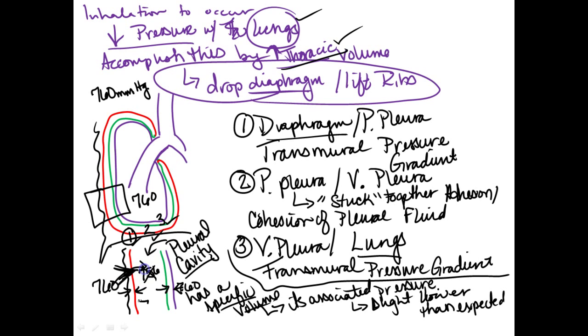Once this pressure gets up to 760, we lose the transmural pressure gradient and the lungs fall away from the thoracic wall. That's what we refer to as a collapsed lung, where we've lost that transmural pressure gradient and we no longer have the connections necessary for the lungs to move along with the thoracic cavity.